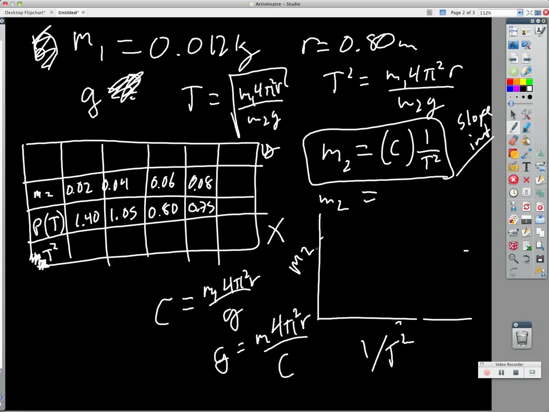They told you it was a line. So you do a best fit line, and then you use 2 points specifically on your line. You get what I'm saying there? So the best fit line, the slope is C. Yes. And then once you've calculated this slope, which is C, you can plug it in here to get g.